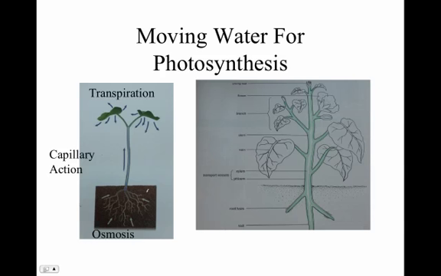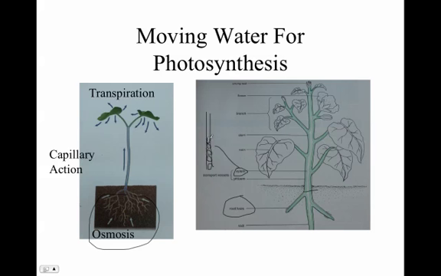So water's moved through osmosis in the roots, especially the tiny little root hairs, and then once it reaches the stem, it goes into something called the xylem column. Xylem columns are really narrow. They're so thin, they hold a few water particles at a time, almost like a one-way highway.